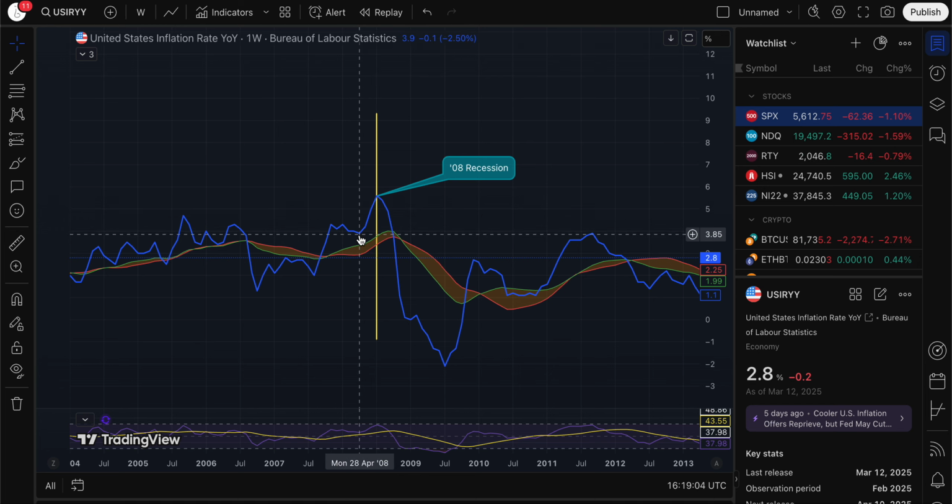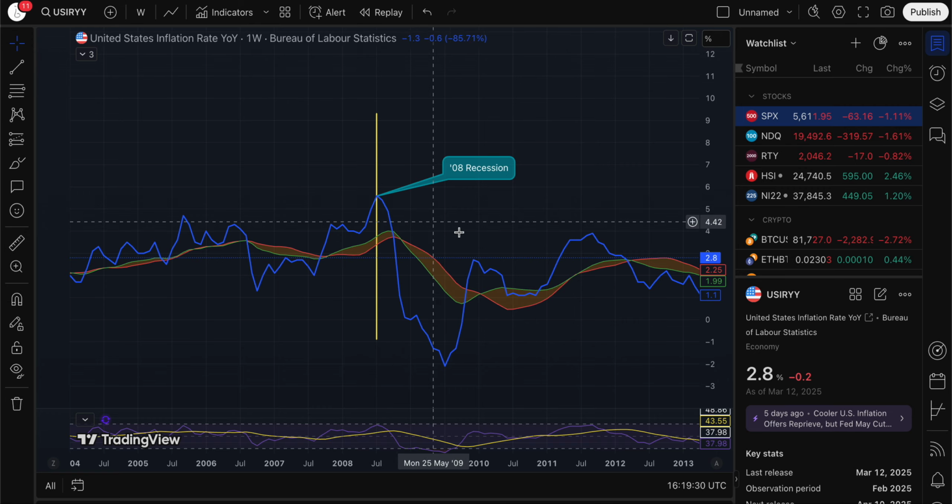Okay, and keep in mind, in 2008, by the time inflation was at 5.6, we had already had Bear Stearns. Bear Stearns collapsed in March of 2008. And 2 months later, we had Lehman Brothers collapse. And inflation was at 5.6%. And a lot of people, like today, were paying a lot of attention to the inflation side of the story. Okay?